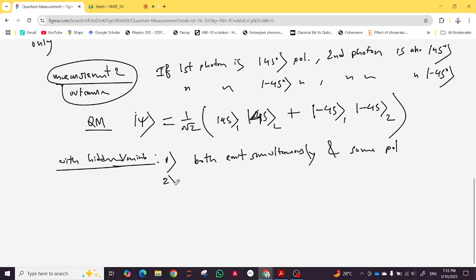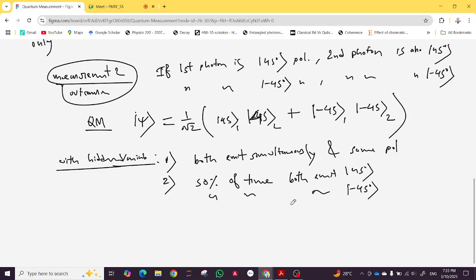And for the second hidden variable, you set that 50% of the time both emit plus 45 degree and 50% of the time both emit minus 45 degree.